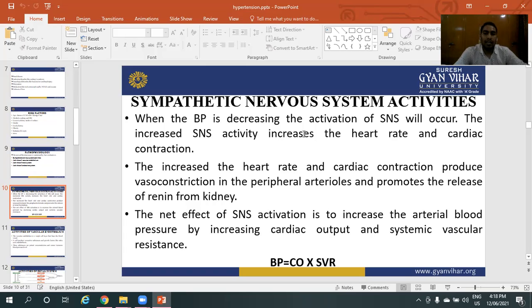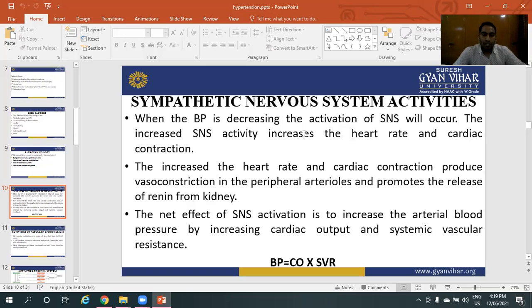The increase in heart rate and cardiac contraction produces vasoconstriction in the peripheral arterioles and promotes the release of renin by the kidney, because renin is responsible for blood pressure regulation.